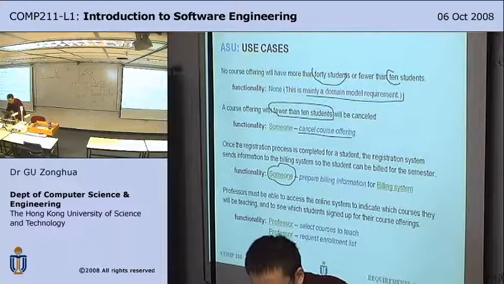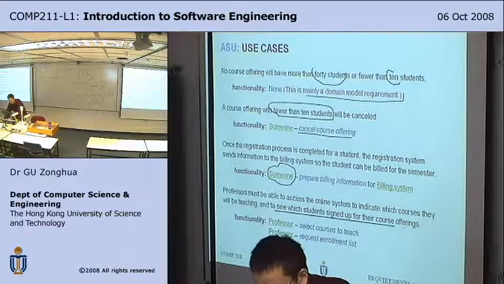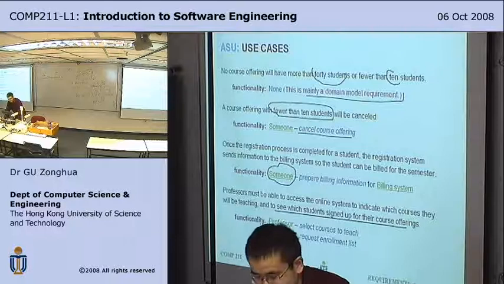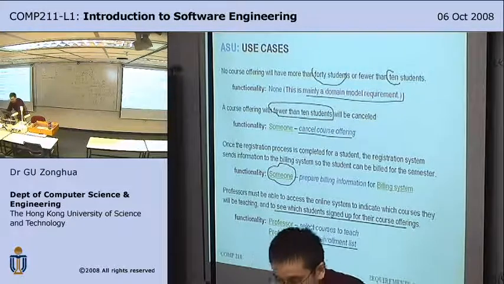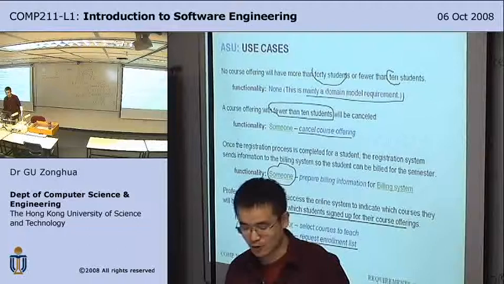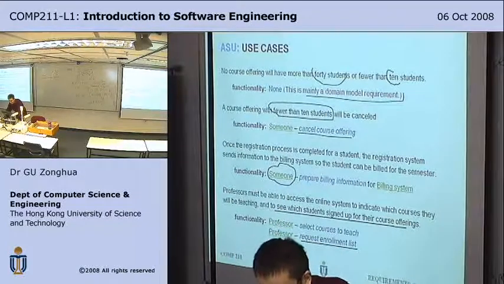Professor requests enrollment list, to see which students sign up for their course offerings. So you write this more formal statement: request enrollment list. You don't have to translate word by word from the problem statement into the functionality. You can change the words if it's more precise.